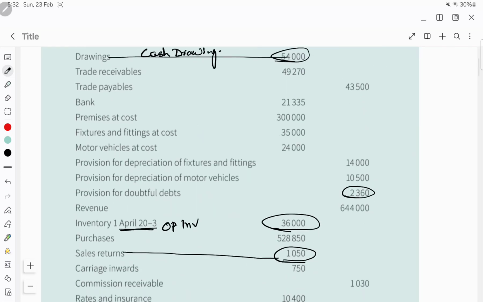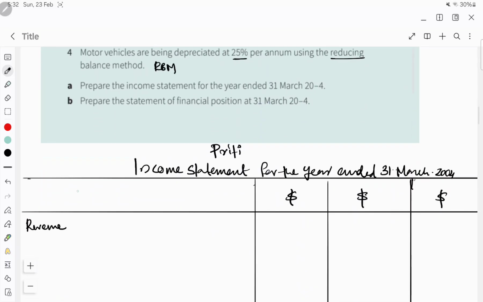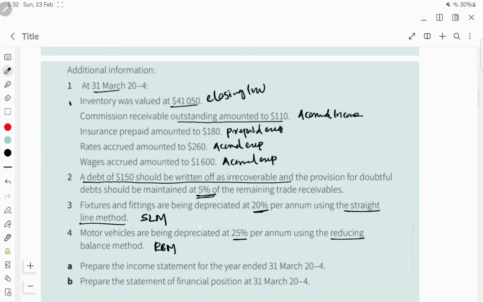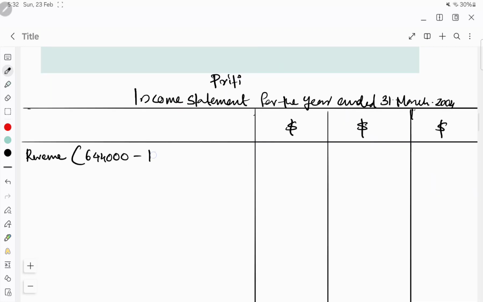Sales is 644,000 minus sales return of 1,050, and that will be your final revenue. You can do the working note either inside or in the column.